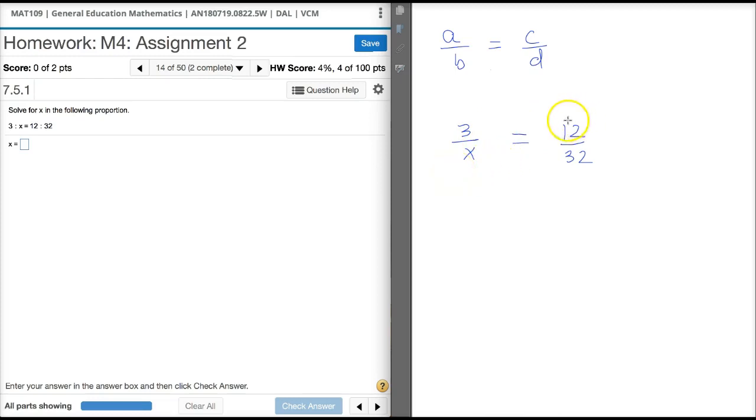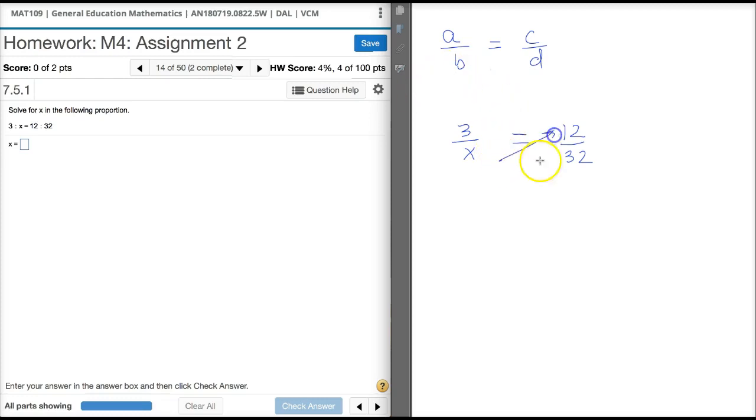Okay. When we cross multiply, what you're actually doing is 2 steps in one. When we do this, what you will actually be doing is multiplying both sides by 32, and at the same time you'll be multiplying both sides by x. So really, if we multiply both sides by 32x, that's essentially what we're doing here.